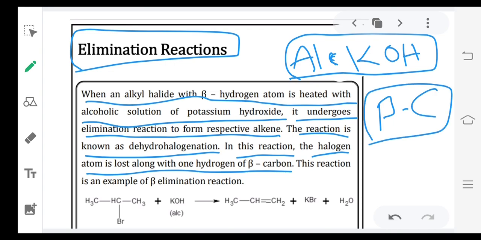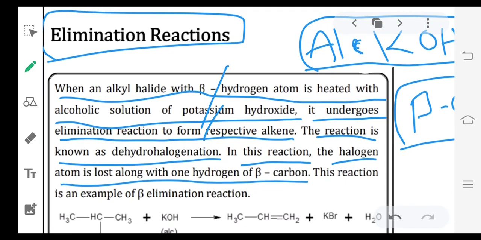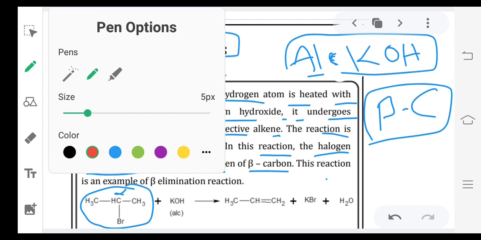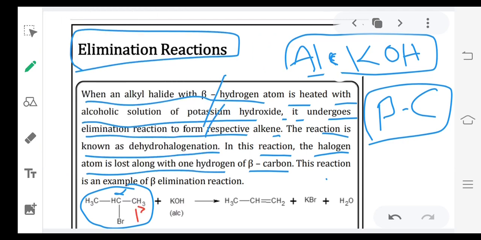Now I will explain this by taking an example. See this example here. The halogen is present at the second carbon, and we have to consider that carbon as the alpha carbon. And on the right side and left side there are two more carbons. These are beta carbons. So this is a beta carbon, and this one is also a beta carbon.